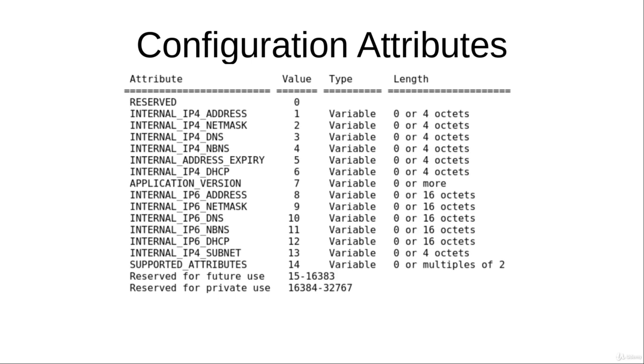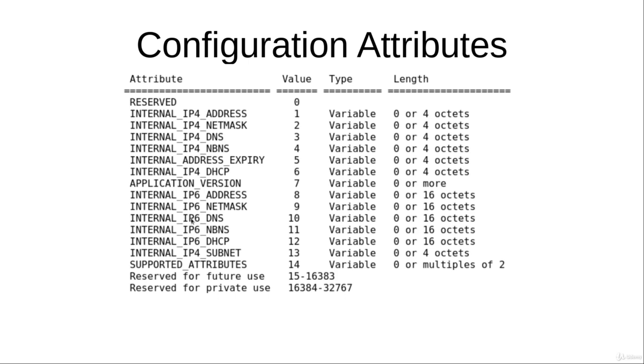The attributes internal IPv4 DNS and internal IPv6 DNS specify an address of a DNS server within the network. Multiple DNS servers can be requested. The responder may respond with 0 or more DNS server attributes.